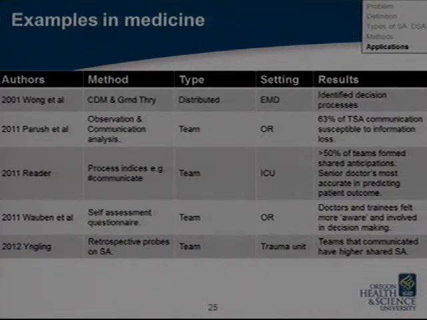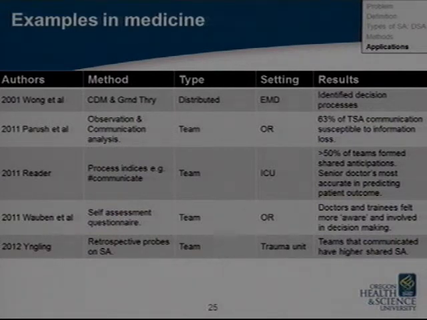Parush tried to identify whether communication instances that did not have closed-loop communication events might affect the deterioration or the maintenance of information. A closed-loop communication is where you send, receive, and confirm that your message has been received. In their study, I believe 63% of team situational awareness communication was susceptible to information loss.